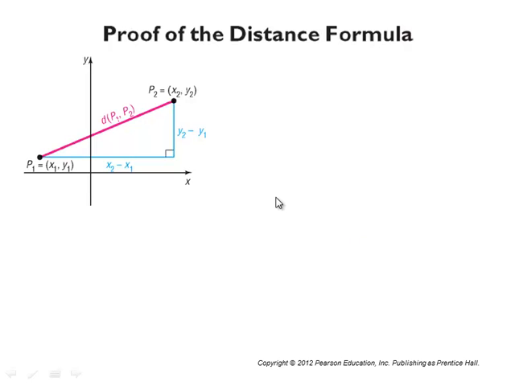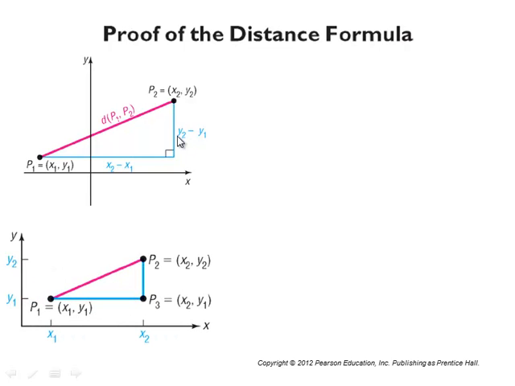And here's the picture here. Here's P1 here, and here's P2 here. Here's the right triangle where you have a horizontal leg with a length of the difference of the x-coordinates, x2 minus x1, and this vertical piece right here with a length of the difference of the y-coordinates of the 2 points.